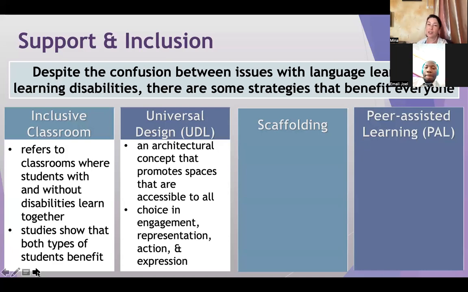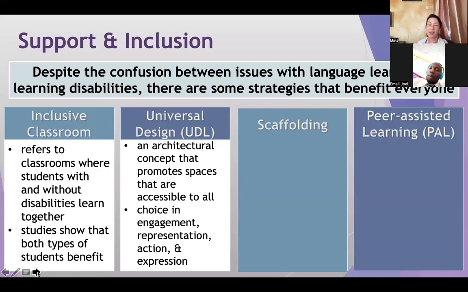And in the educational context, one of the main tenets of universal design is choice. And so the emphasis in universal design is choice and engagement, choice and representation, choice in action, and choice in expression.